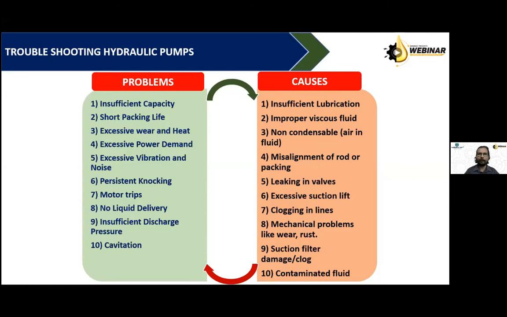But like motor is tripping frequently, or motor is not discharging the liquid, cavitation, excessive vibration and noise, we can relate all these problems with only two parts.